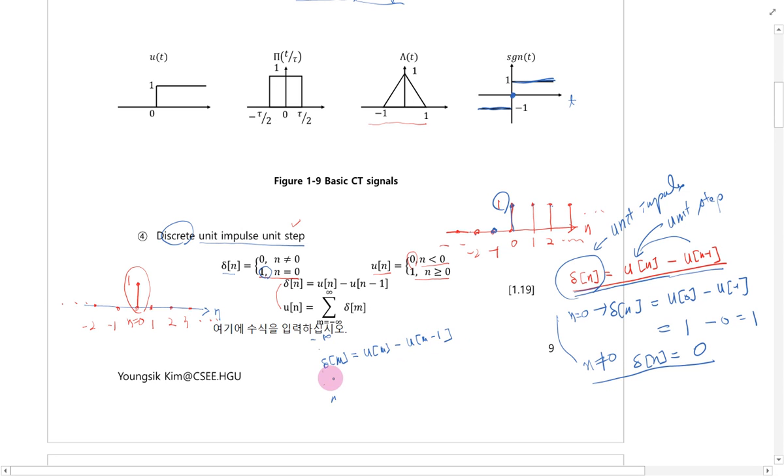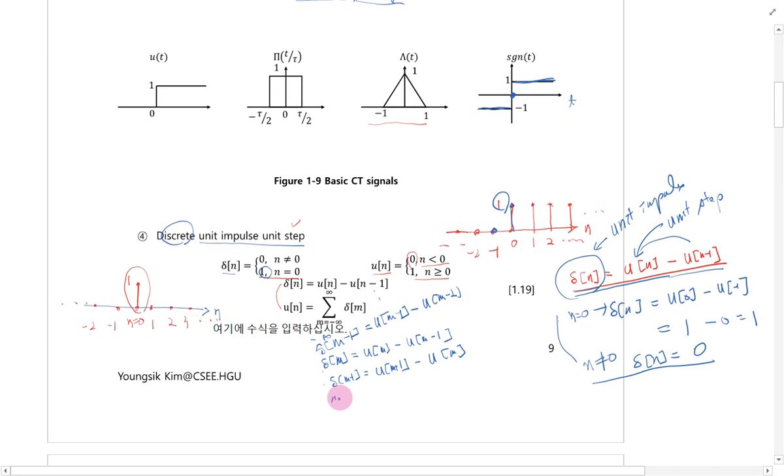Delta[m plus 1] equals u[m plus 1] minus u[m], and delta[m minus 1] equals u[m minus 1] minus u[m minus 2], like that.